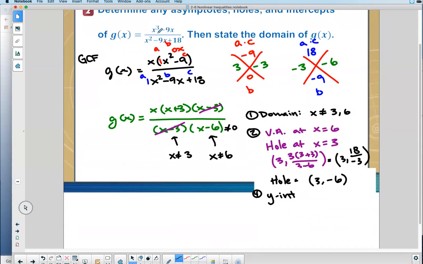If I cross out anything that has an X, I'm left with 0 over 18, which means it'll cross the Y-intercept at 0. And finally, the X-intercepts are when the top equals 0. So if you wanted those, you'd say where these equal 0. So at 0 and at negative 3. That would be the X-intercepts at 0 and negative 3.